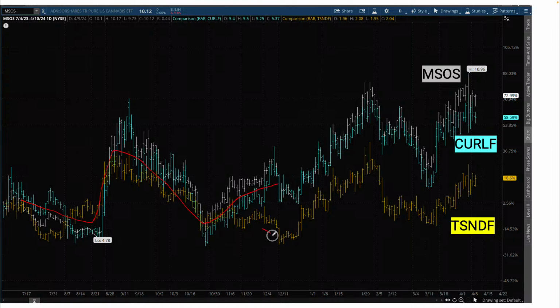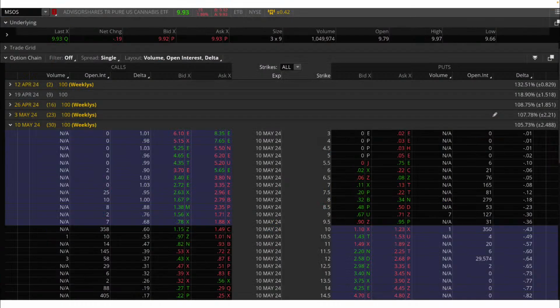Here they start breaking off, right? Okay, they come back together. But now we are really, really lagging. MSOS is really strong. The trade that I like, I don't want to buy this cannabis company. I don't know very much about it, but I do want to follow that smart money, placing a very big bet that MSOS trades much lower.